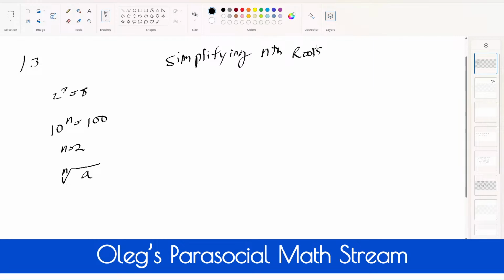We're looking at the example, starting with a. The fifth root of negative 32. What is going to give us the 32?